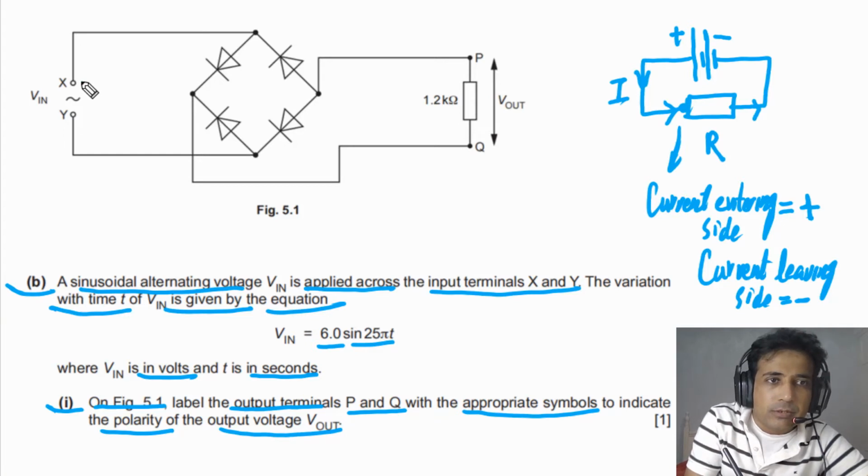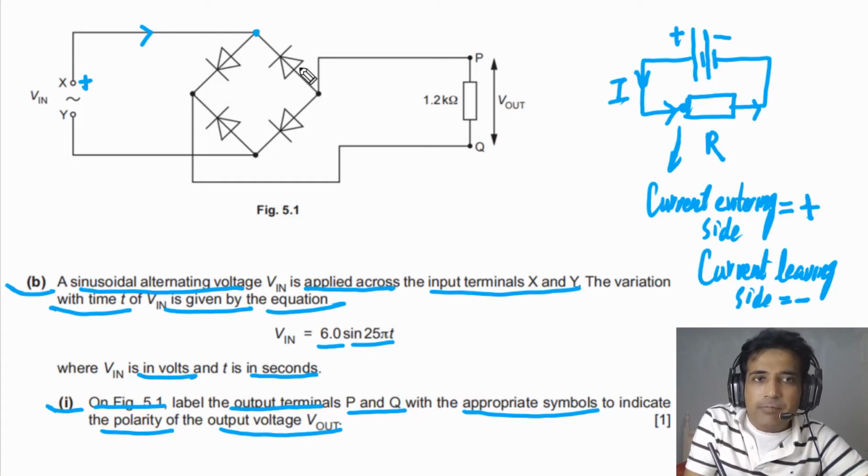So in this case, when this terminal is positive, you will see current will flow like this, and when current reaches this point, current cannot go this way because this is connected in reverse bias. So current cannot flow this way. So current will flow like this.